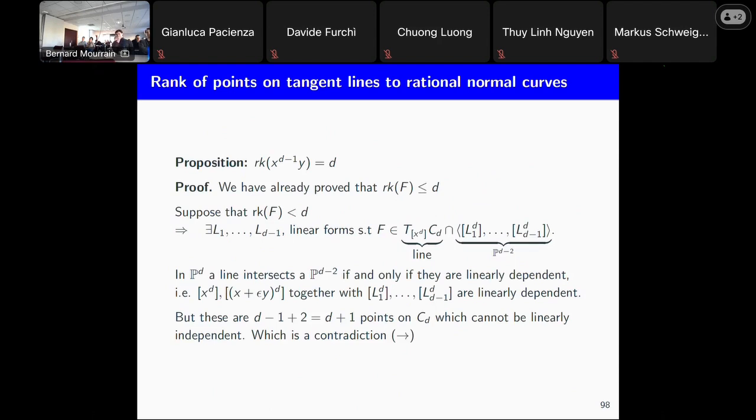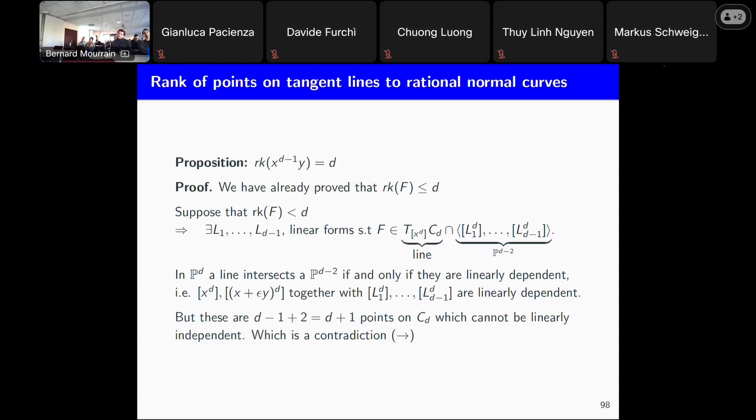And now I want to see with you that the rank is D, sorry. So if I have a W tensor, then its rank is always D. We proved that it's at most D, and now I want to prove that it has to be D, so I assume that the rank is not D, so it's smaller than D. I would like to end up with some contradiction.